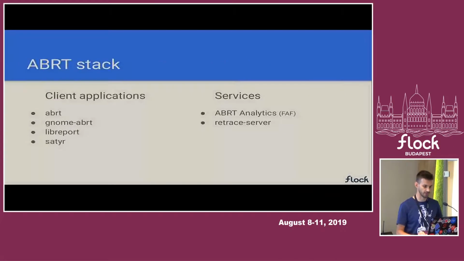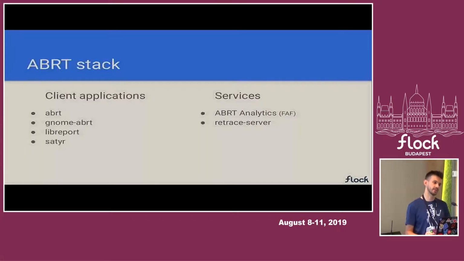Let's start with the ABRT stack. ABRT consists of two components: client applications and services. The client application usually runs on your laptop or server. If you have a desktop, you probably have GNOME ABRT, and ABRT also uses two libraries: libreport and Satyr.